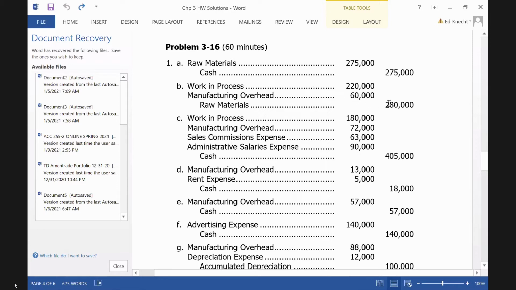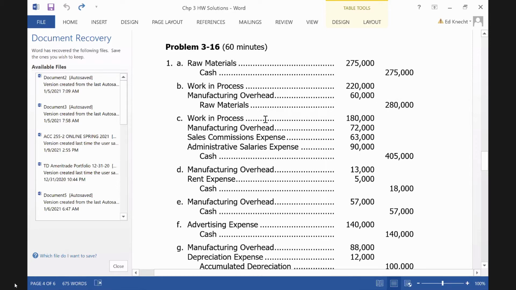We credit raw materials. It's no longer in raw materials inventory. The direct material costs got transferred to work in process. The indirect materials got transferred to manufacturing overhead. And that's actual. And we credit raw materials, no longer in that inventory account.